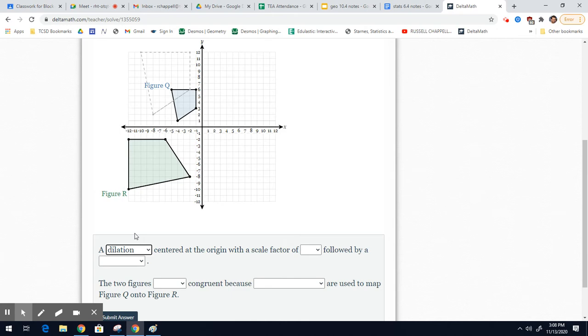Now, what's the scale factor? Well, to find the scale factor, we're going to have to count this vertical side. See this side right here? It goes up 1, 2, 3. That's a distance of 3. What does its corresponding side length become after the enlargement? 1, 2, 3, 4, 5, 6. Right? So to find that scale factor, take the new length, divide by the old length, and you have a scale factor of 2.